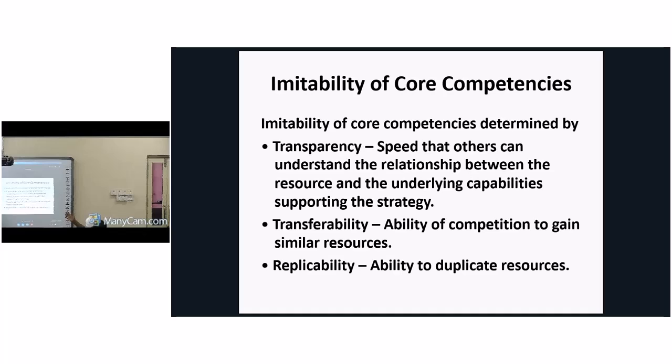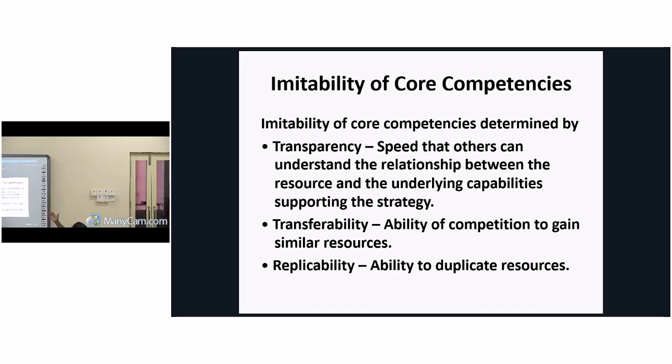So imitability of core competencies is determined by transparency. So speed that others can understand the relationship between resources and underlying capabilities supporting the strategy. So transparency is if others can understand what it is, if the competitors can understand what the resource is, what the competence is, what is the relationship behind competencies, resources and all these things.